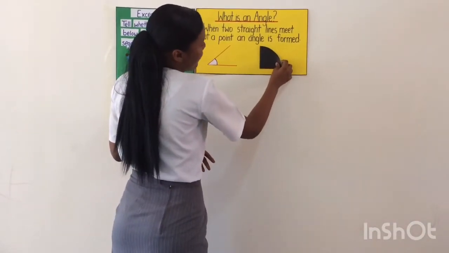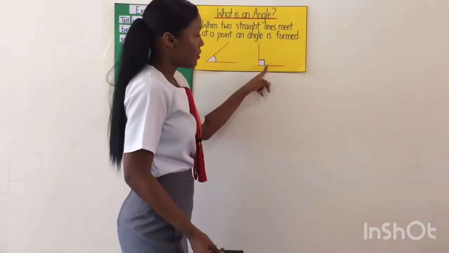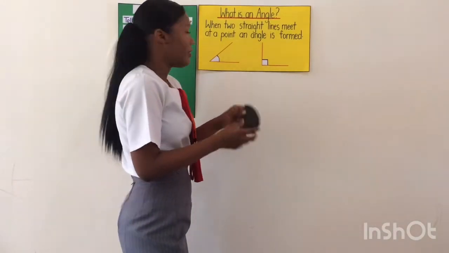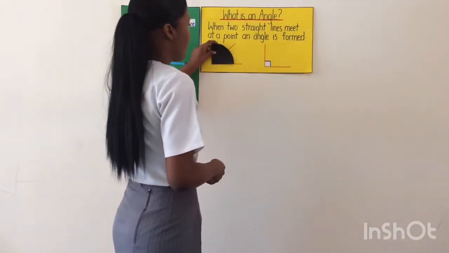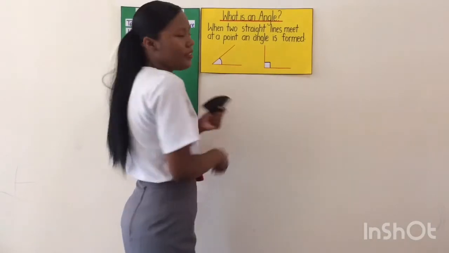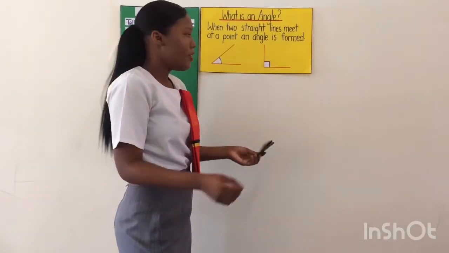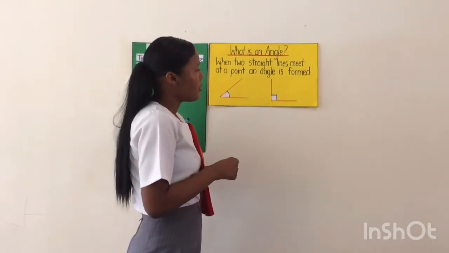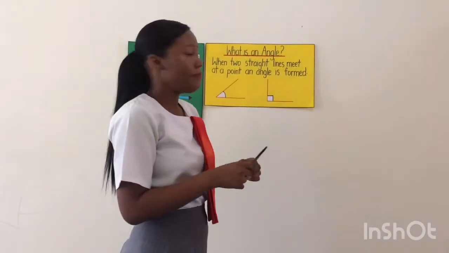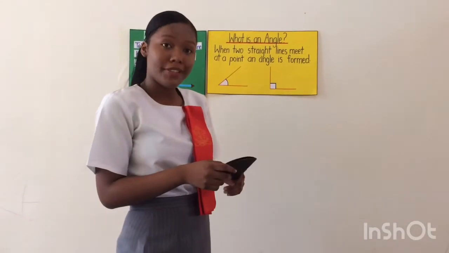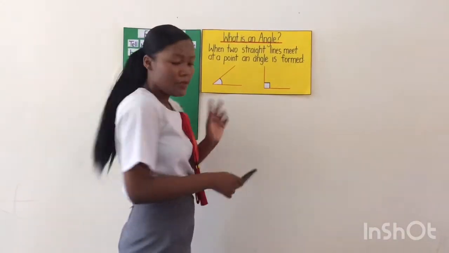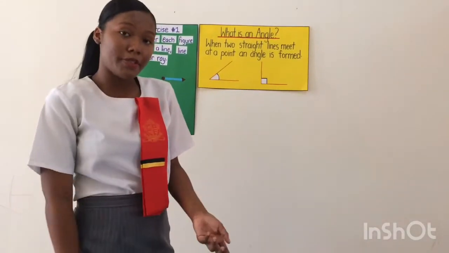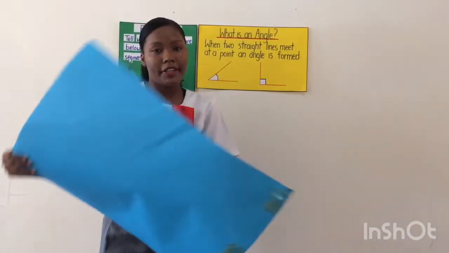We can see it perfectly matches up with this. So this here is an angle. But look at this one. We can see this angle is sort of smaller than the others. So what are we going to think about this? But what I want to tell you is that angles have names based on their size. So that is what we're going to do. We're going to look at the types of angles based on their size.